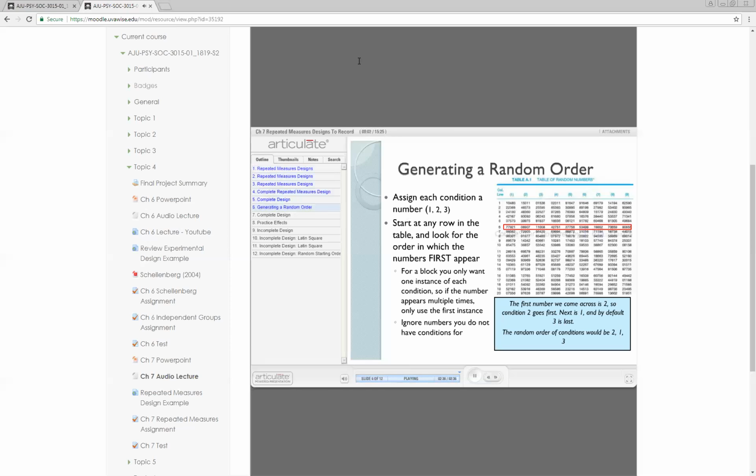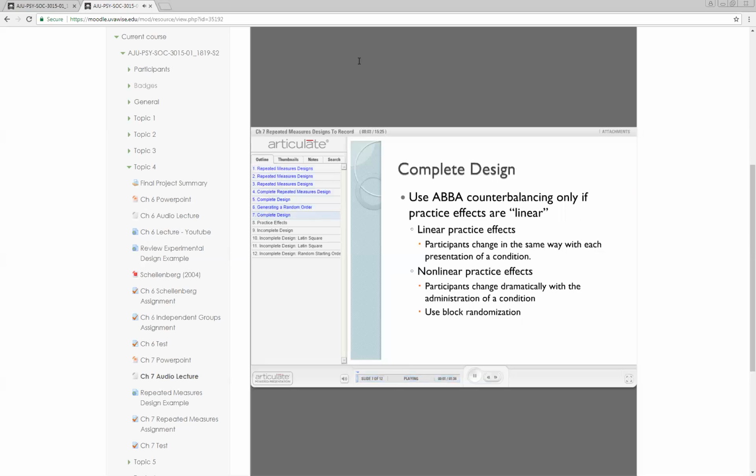Another strategy that can be used when you have a complete design is called ABBA counterbalancing. ABBA is very convenient because you can balance the practice effects with just 2 trials in each condition. For block randomization, you need many, many trials of each condition.